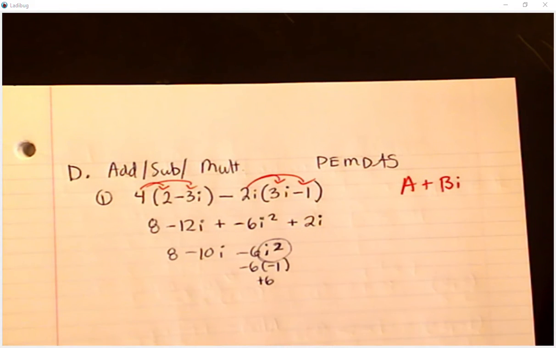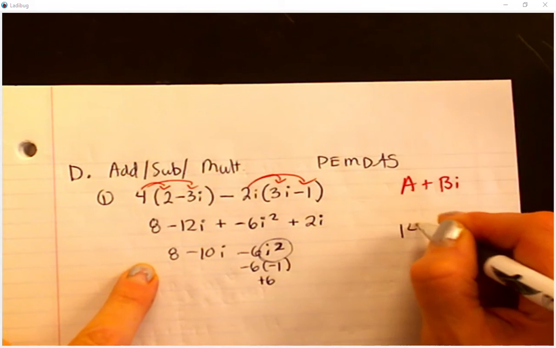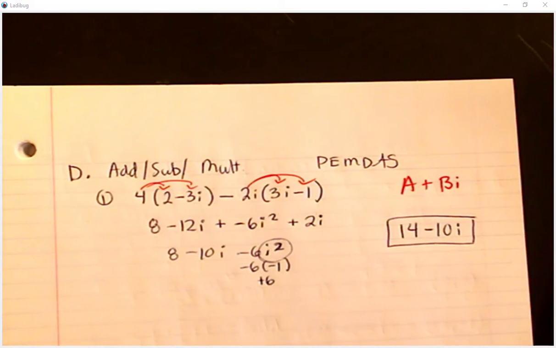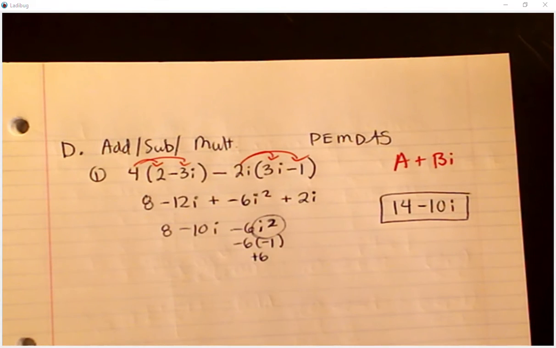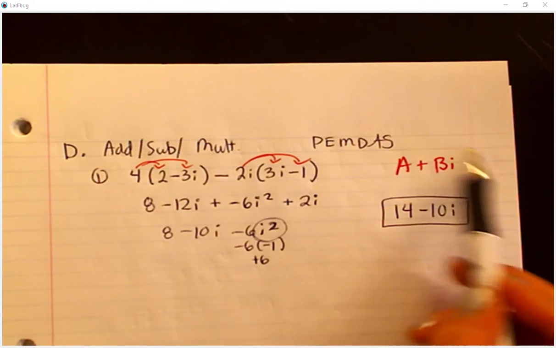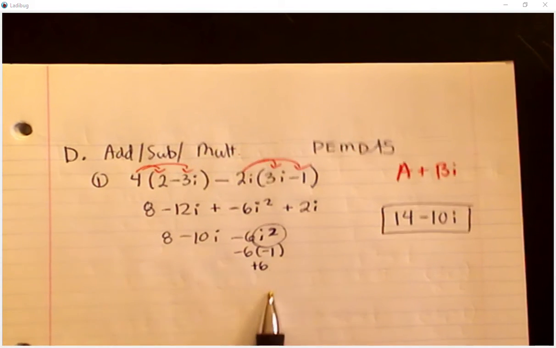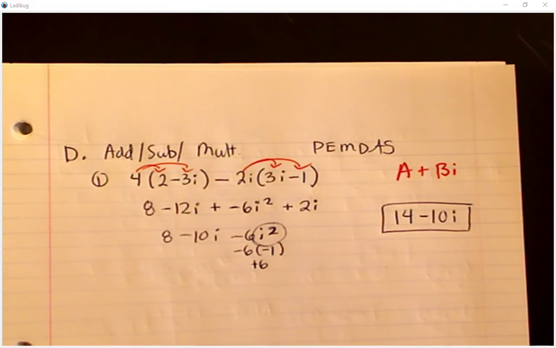So that's a +6. So really, I have 14 minus 10i. Okay, because see that i squared? When I distributed, I got i squared, but standard form does not allow for powers more than 1, which means I had to replace the i squared.